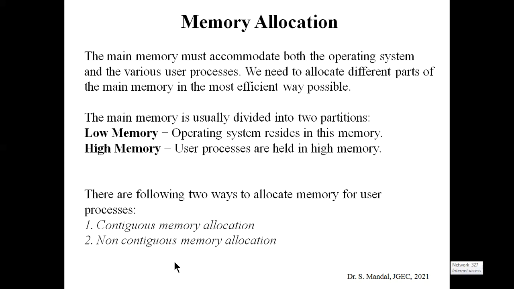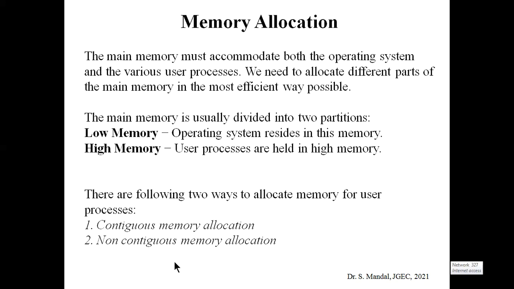So we can partition the main memory into two types: low memory, corresponding to the operating system, and high memory, corresponding to the user's processes. Obviously the low memory requires less memory space, so that we can accommodate a large number of other processes in the main memory. The next point is that there are the following two ways that we can allocate the memory to the user process.